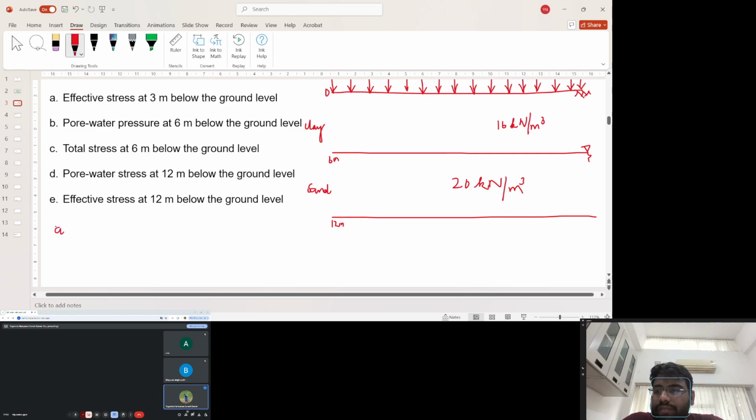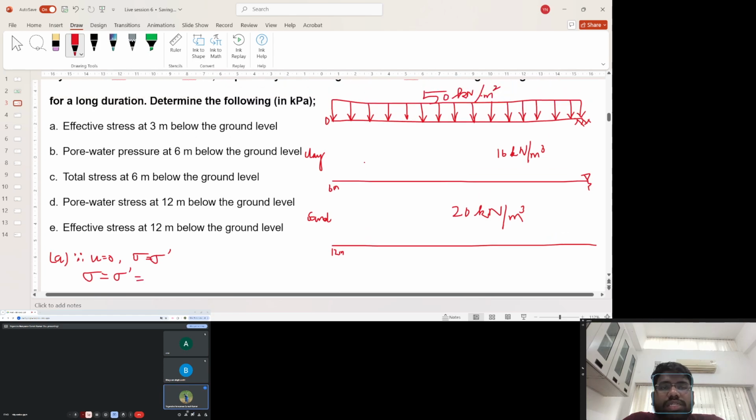So question A, total stress. Since U is 0, sigma is equal to sigma dash. Now how to calculate sigma? The surcharge load is already a stress.